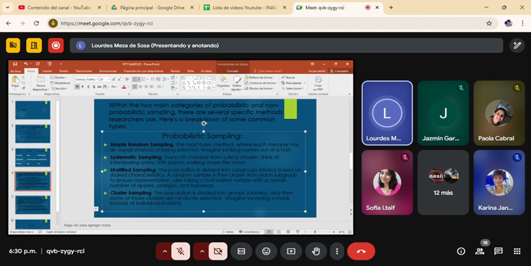Let's say I have a class of 30, and then I make groups of 5. That would be 6 groups, right? Out of these 6 different groups, I will choose some.